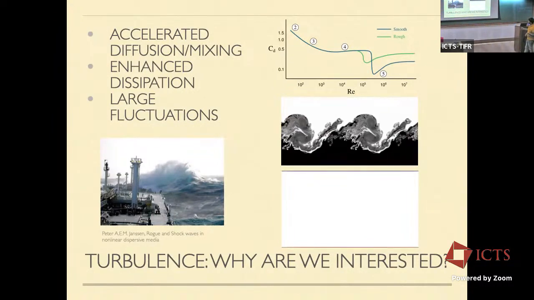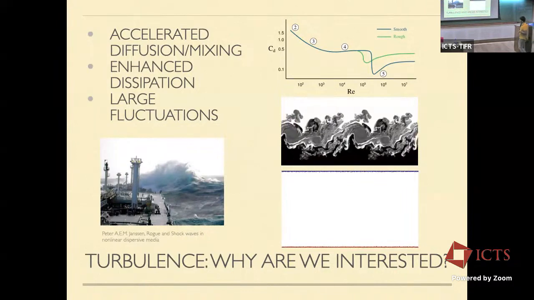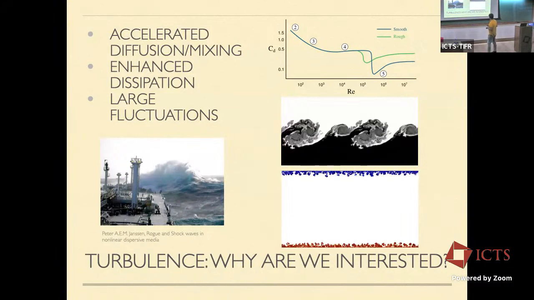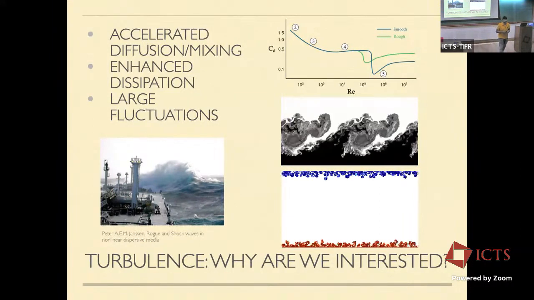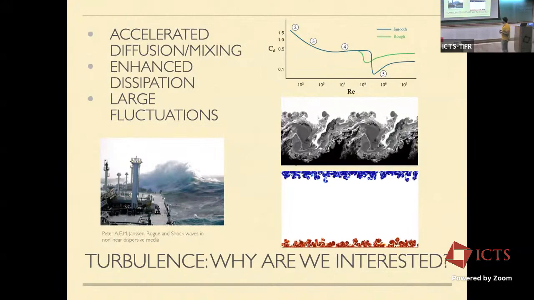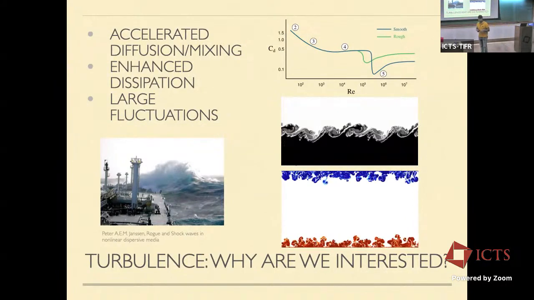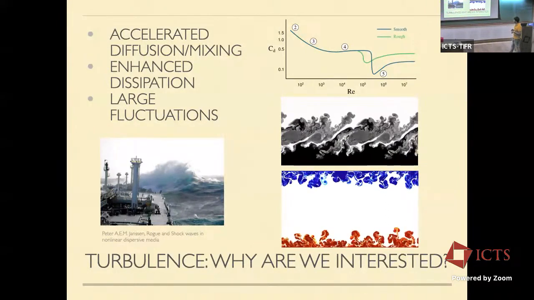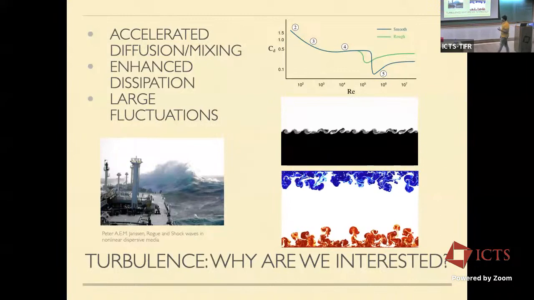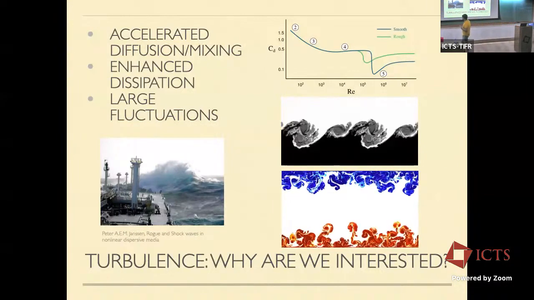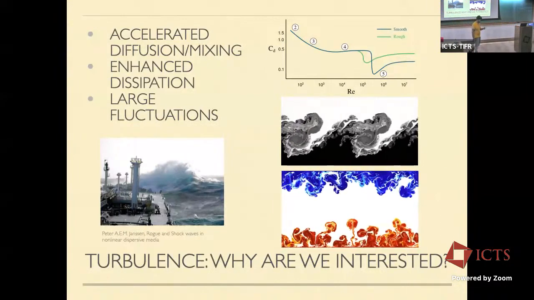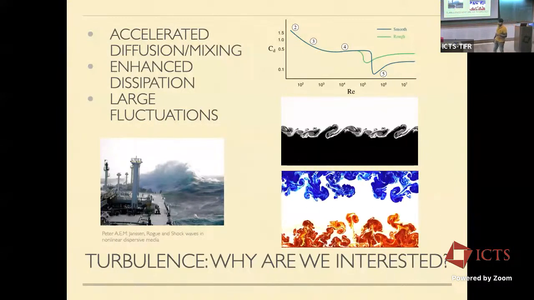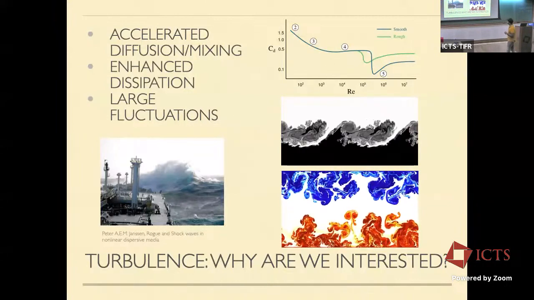In the below image, which I obtained from Wikipedia, and this one, which I obtained from a YouTube channel where they study Rayleigh-Bénard convection, so 2D Rayleigh-Bénard convection, in the turbulent regime you start to see the mixing of the cold fluid which is dropping from the top in blue color and the hot fluid which is at the bottom. So turbulence drives mixing and diffusion at a much faster, accelerated pace than what you see in normal viscous diffusion cases. So turbulence is very much necessary for these processes.